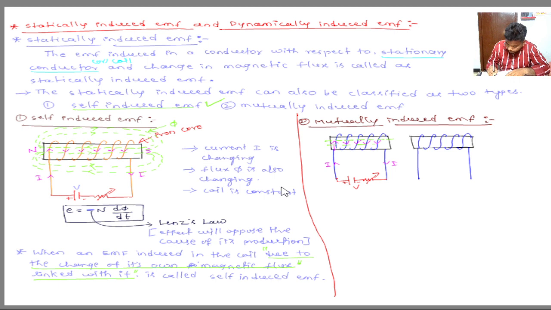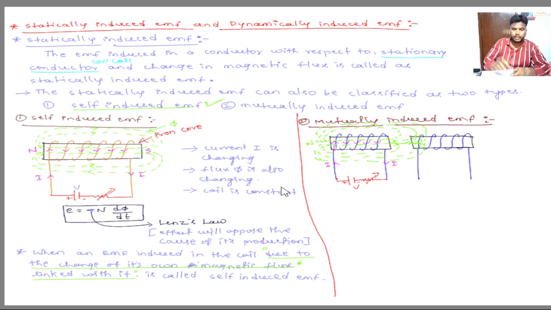Current in the coil produces magnetic flux. The flux is flowing from north pole to south pole. Suppose this is the north pole and this is the south pole.